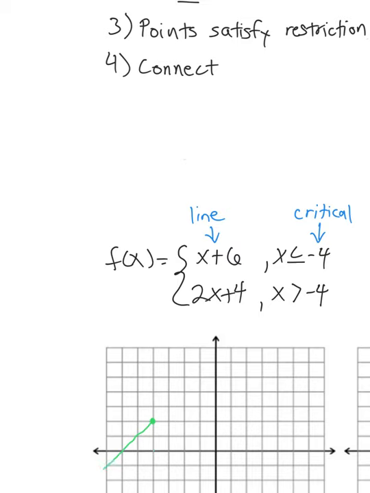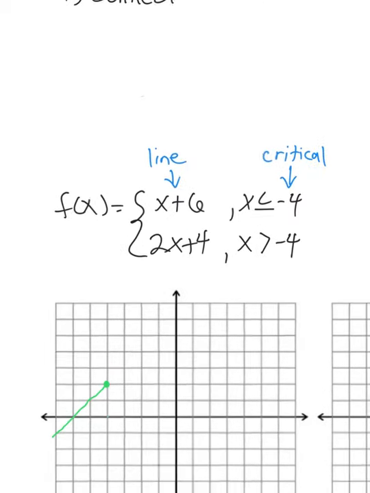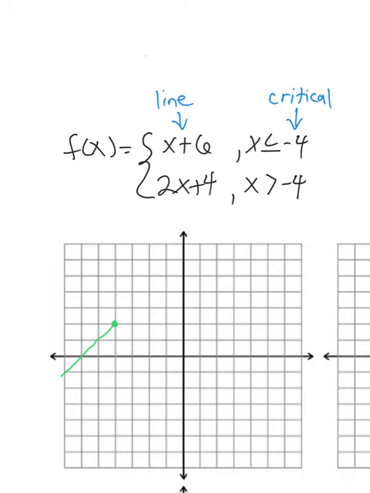Next part, when x is greater than negative 4. So if I plug in negative 4 to the second part of this graph, let me move this down just a little bit. Hopefully this works. Okay, so the second part here, if I plug in negative 4 times 2, that's negative 8. Negative 8 plus 4 gives us negative 4. So negative 4, negative 4. So 1, 2, 3, 4.